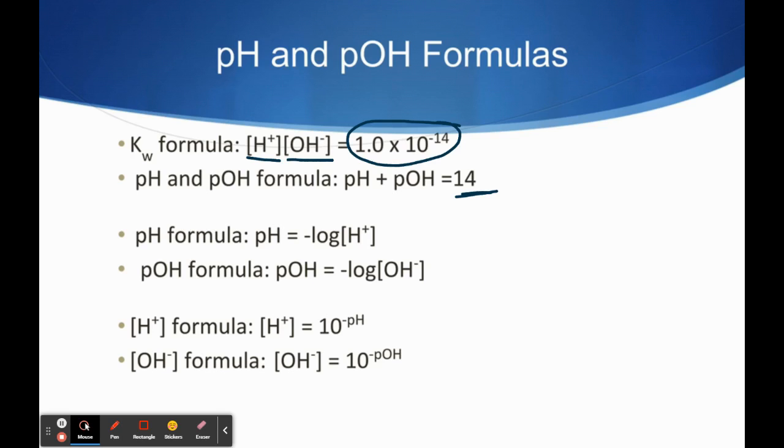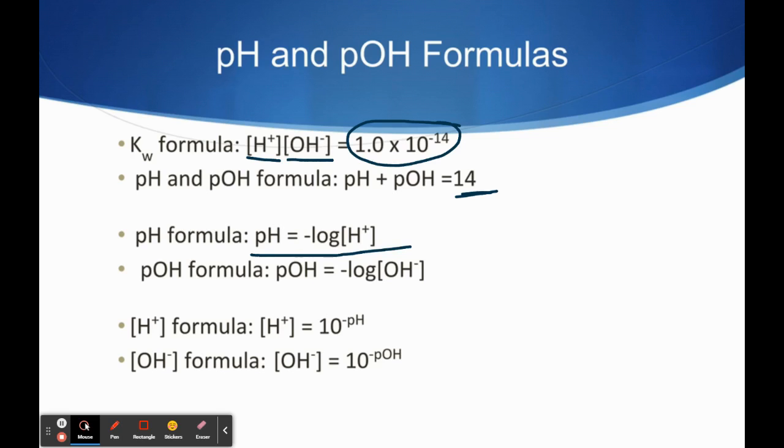So if you are given the pOH and you're looking for the pH of a substance, you would just take 14 minus the pOH, and that would give you your answer for pH. If you have the H+ concentration and you are looking for the pH value, you will put negative log of the concentration of H+ into your calculator.